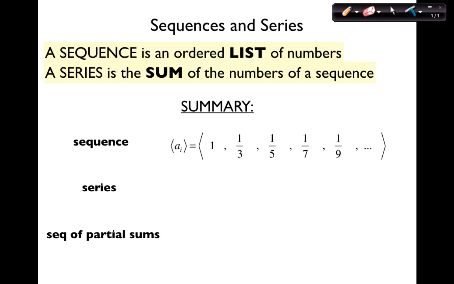Think like a second grader. Ramiro, just to make it easy, how would you explain what the series is? I would say 1 plus 1/3 plus 1/5. Just add them up. Perfect. Just add them up.